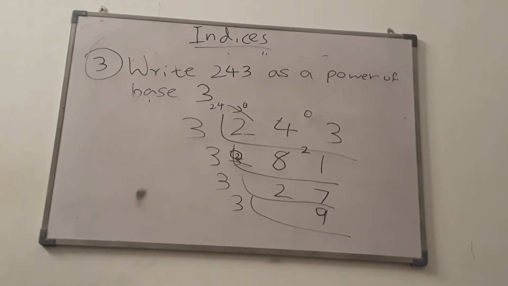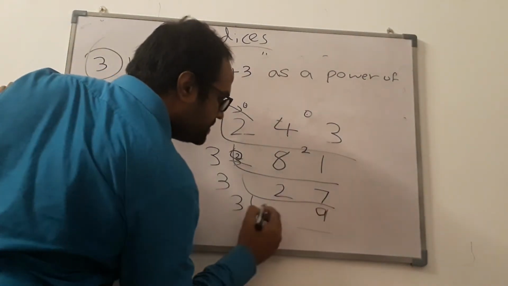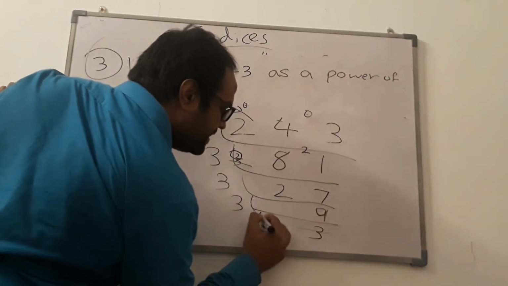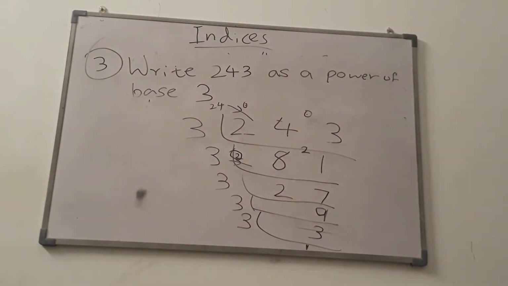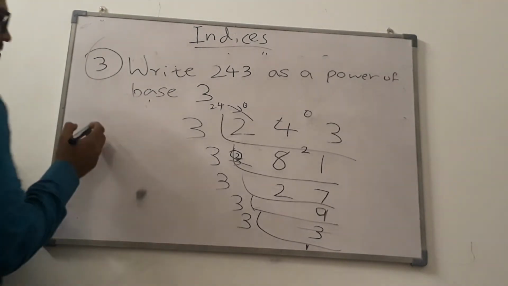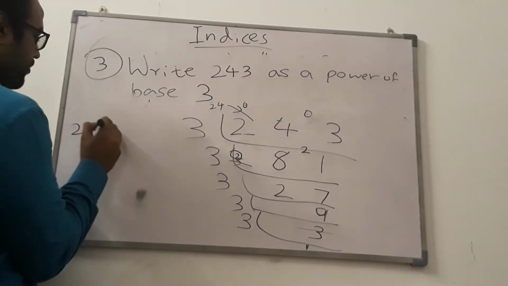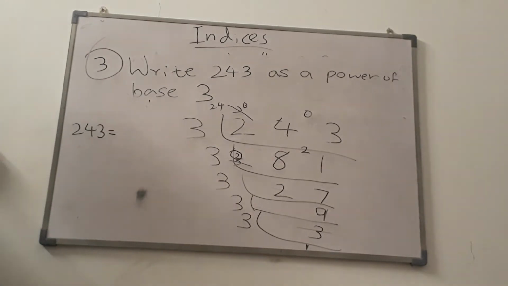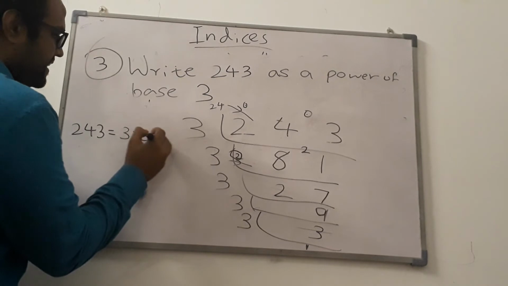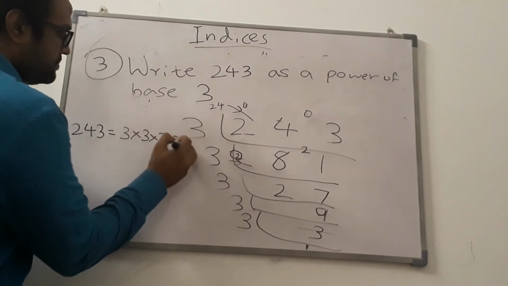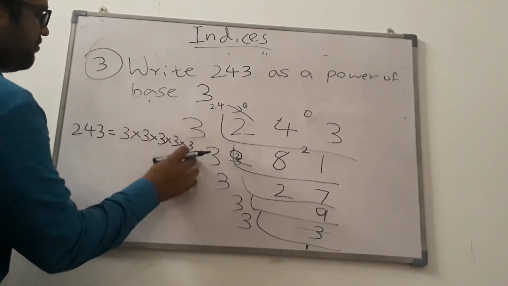Now we can divide 9 by 3 as well. How many 3's are there in 9? 3 times 3 is 9. Again we can divide by 3. So until 1 we have to keep on dividing. Now we will check the product. 243 can be written like 5 3's multiplying with each other. 1, 2, 3, 4, 5.